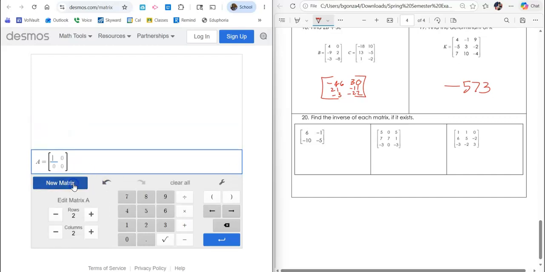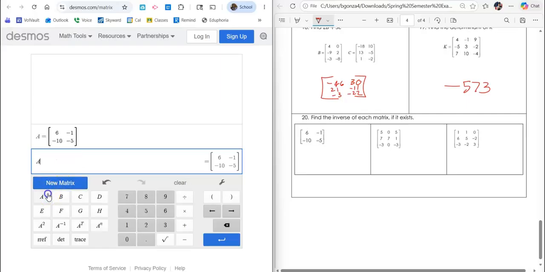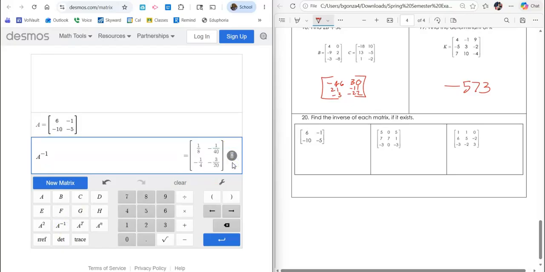Okay, 2 by 2 matrix. 6, -1, -10, -5. Enter A, and then you're going to hit this little A -1 to get the inverse. Click this little circle to make it make some sense here.